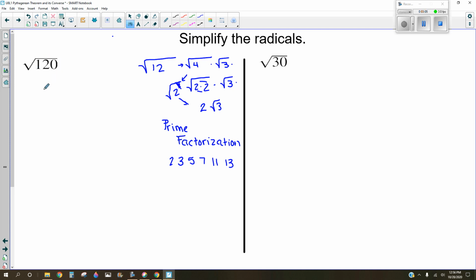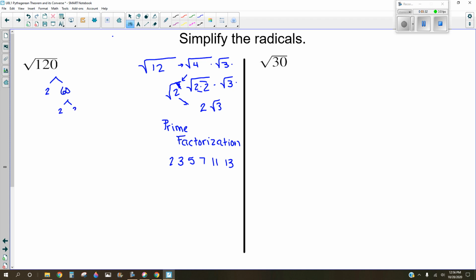I'm going to make a little tree, okay? And for every branch, I'm going to put a prime number on this side, and 2 times 60 equals 120. Those are factors of 120. This is a prime factor. This is not. It's what we call a composite number. So we're going to break this one down again. Again, on the left, I'm going to write a prime number.